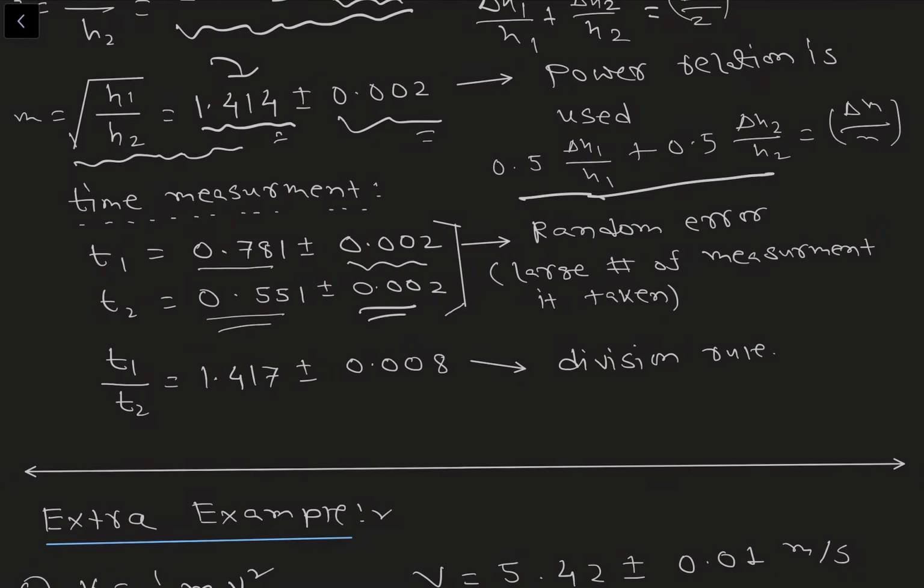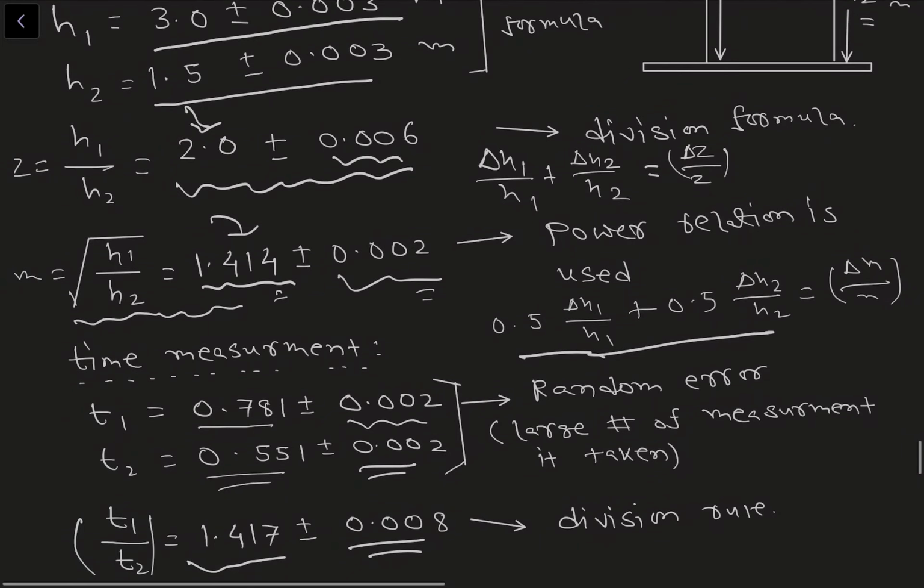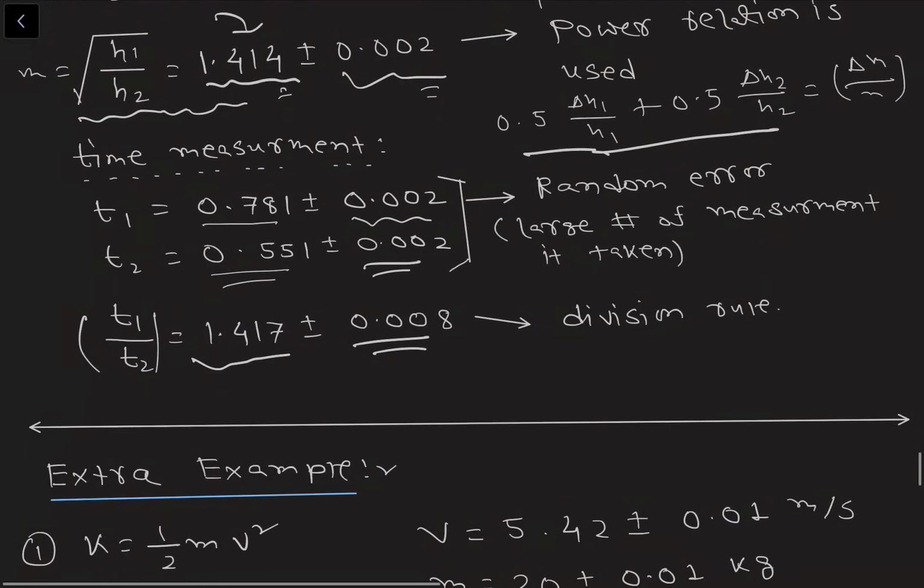This is our average time, this is our error. We measure them for both. Here, while taking the division of T1 and T2, we consider the errors independent because we are using the same electronic system, same watch, etc. So using the division rule, we calculate the error, and this is our ratio of T1 and T2.